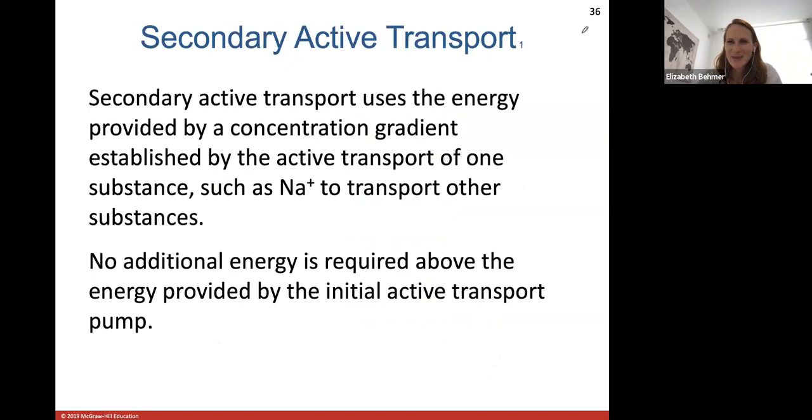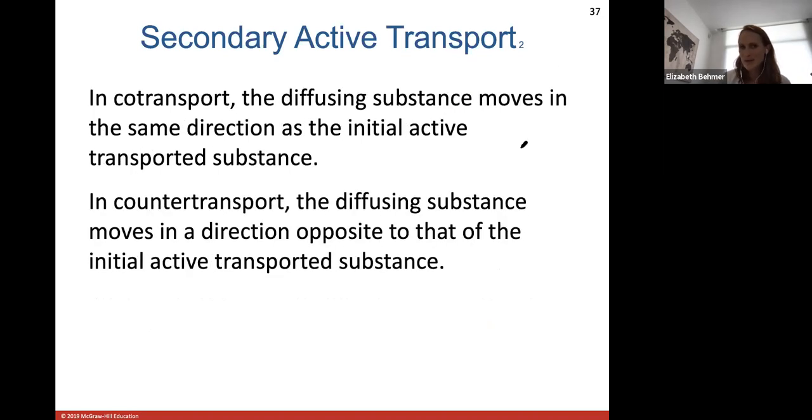Okay. More transport processes. Everyone loves this, but I promise it'll get more interesting. So bear with me. Secondary active transport also uses energy provided by a concentration gradient that is established by the active transport of one substance, like sodium, to transport another substance. No additional energy is required above the energy provided by that initial active transport pump.